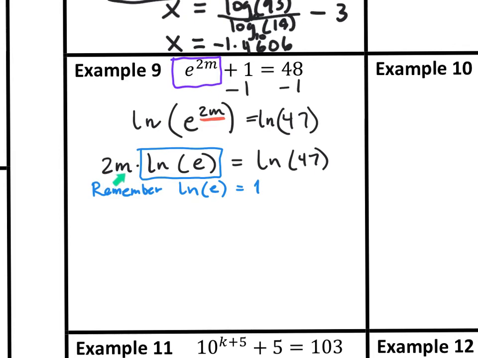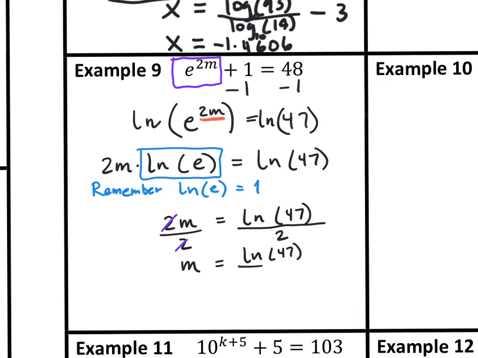So what's 2m times 1? 2m. Right. One more step. Divide both sides by 2. Cancel. And I'm left with m equals ln 47 over 2.